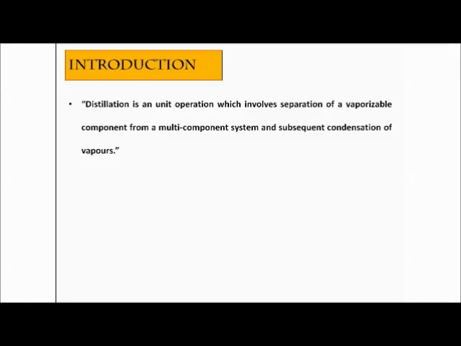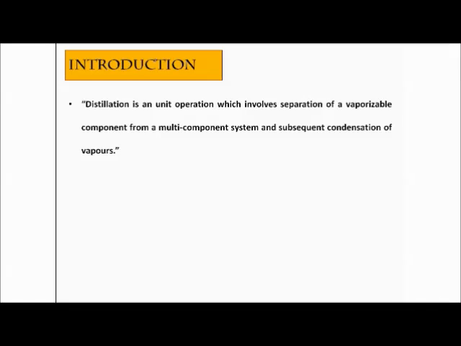Suppose we have a fluid which is a mixture of 2-3 different types of other fluids. Suppose we have a fluid X. Now X is composed of, suppose, 4 different types of liquid: liquid A, liquid B, liquid C, liquid D. Now we want to separate liquid A from liquid B, liquid C and liquid D. If we want to separate liquid A, then the first and foremost thing is that it should be vaporizable, that is, it should be volatile in nature, right?